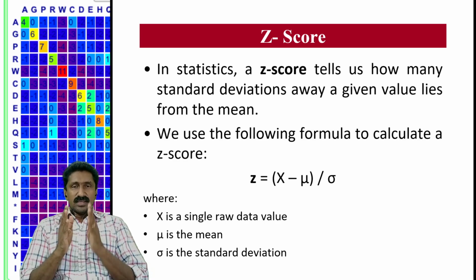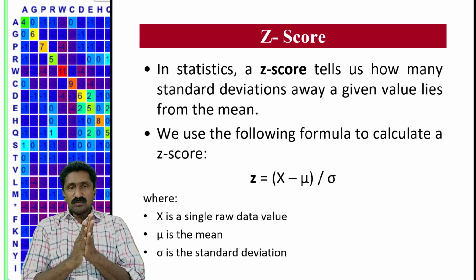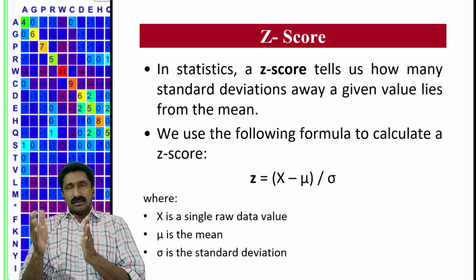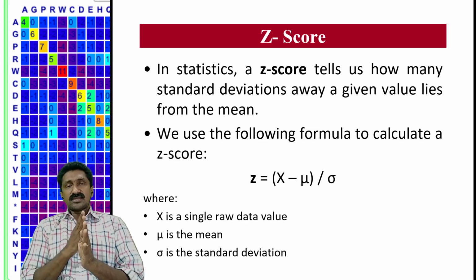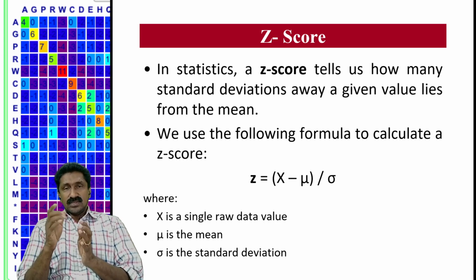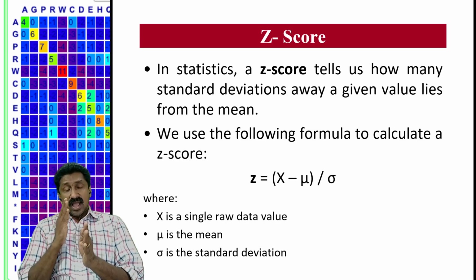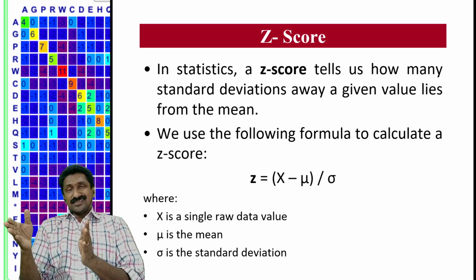So if your actual observation is lying away from the mean or the expected observation, then that indicates a deviation from the general trend. The z-score tells you how many standard deviations away your actual value lies.